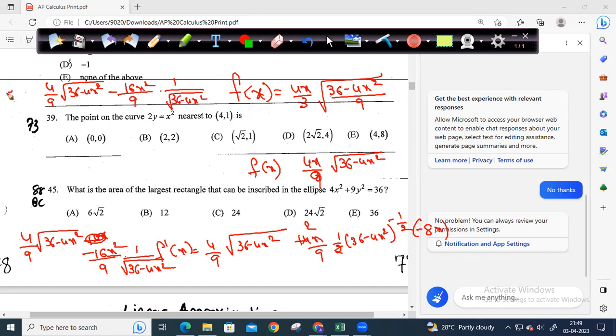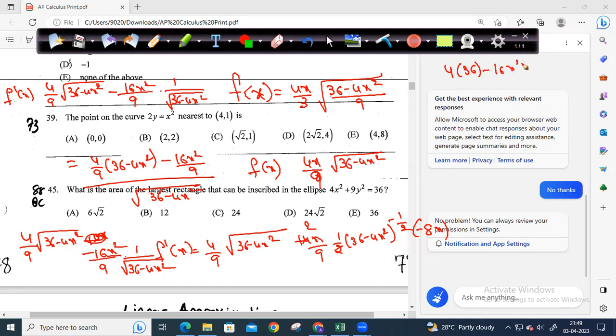This is your f dash x, but I can simplify that. I can simplify it as 4 by 9 into 36 minus 4x square minus 16x square by 9 by root of 36 minus 4x square. Take 1 by 9 as common. So 4 into 36 minus 16x square minus 16x square, by 9 into root of.